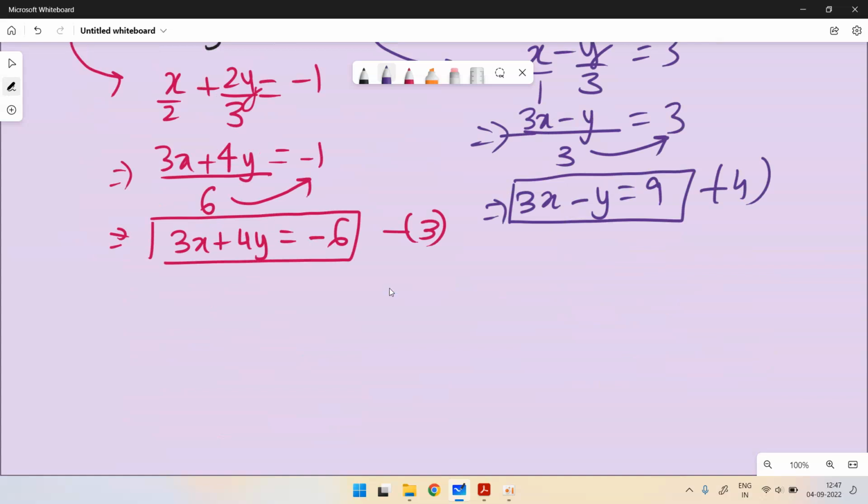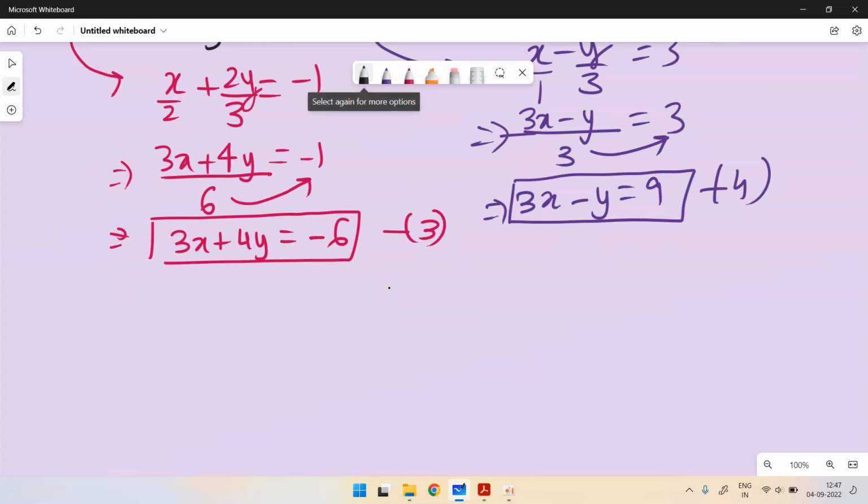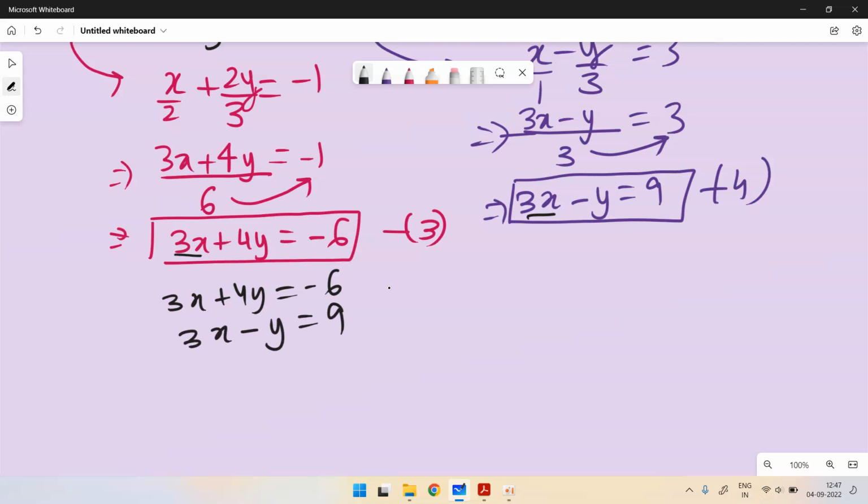Now if you clearly see, the coefficient of x is the same in both. So if you subtract these two equations, 3x plus 4y equal to minus 6 and 3x minus y equal to 9, you need not multiply anything because the coefficients are the same.